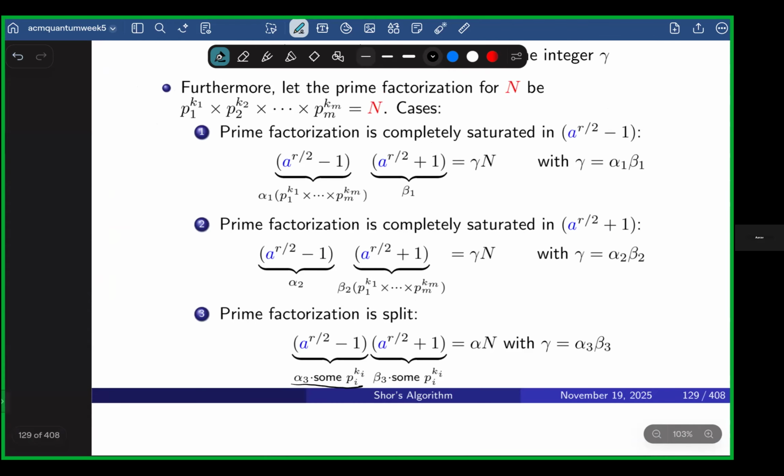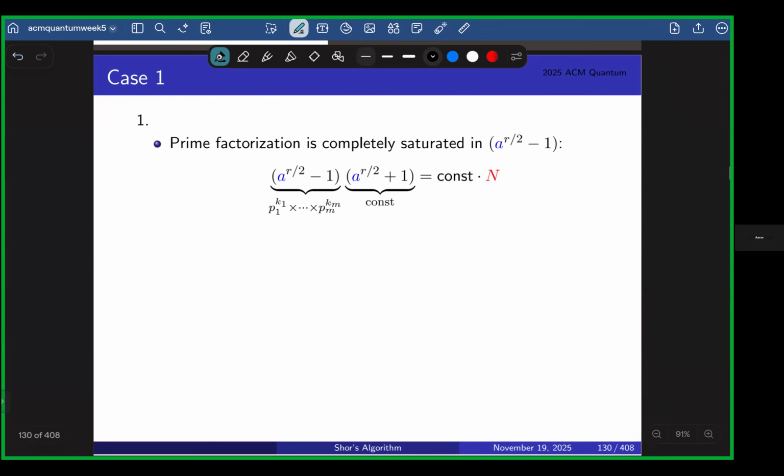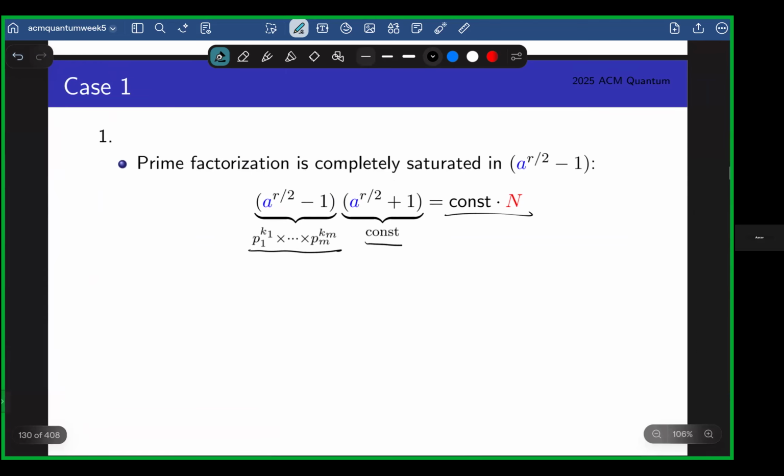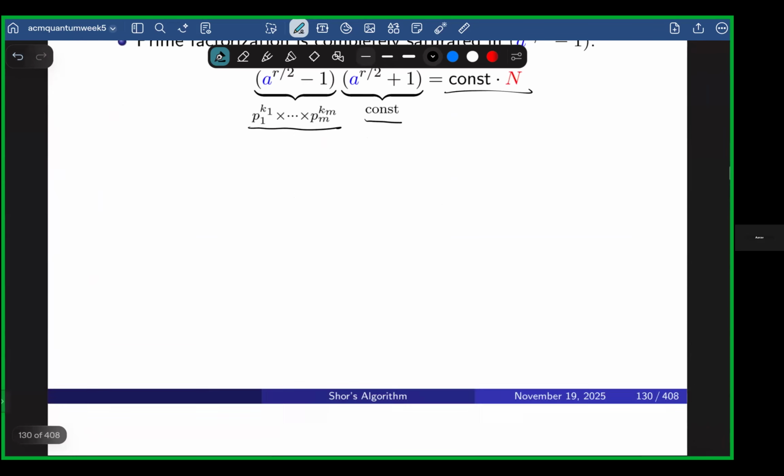Okay, here's case one, that the prime factorization's in the first factor. We're just going to simplify it, remove those alpha betas. Let's just say everything's in the first, and this is a constant, and then it's equal to a constant. It's informal, but the argument still holds.